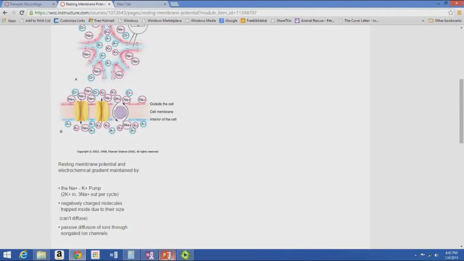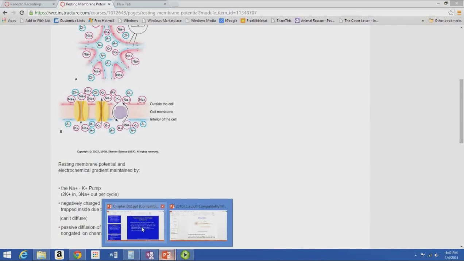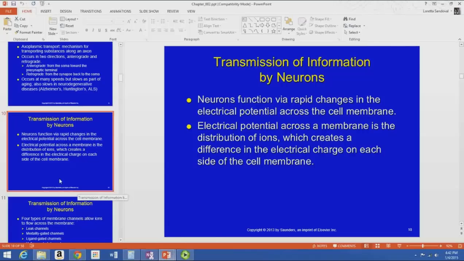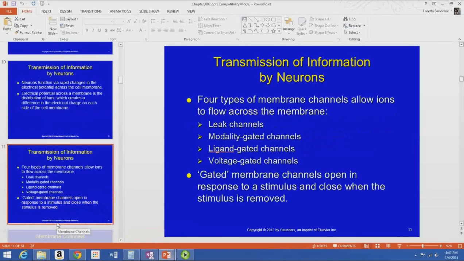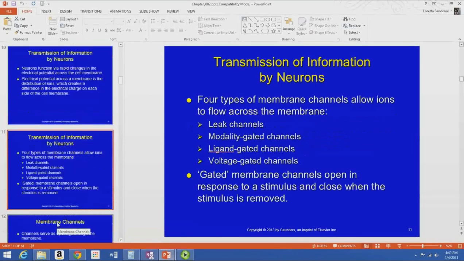So let's talk a little bit about channels. There are 4 different types of channels in the membrane, and they allow ions to flow across the membrane. The first type is called a leak channel, and it's just like it sounds. It's a little hole. It's always open. Sodium can leak through little by little.